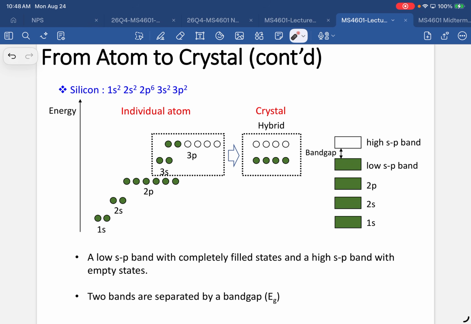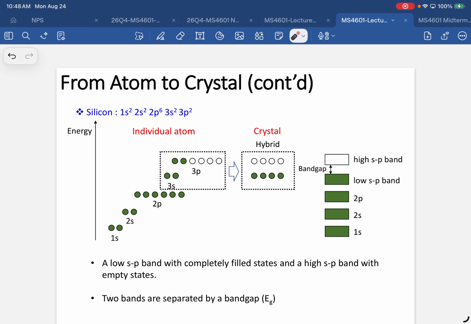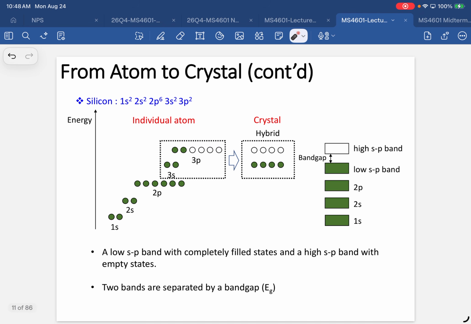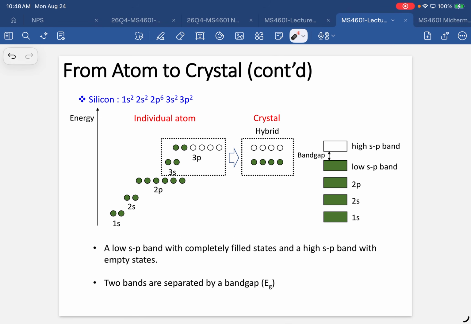But if we construct a crystal, because of this sp hybridization, we form a lower sp band and a higher sp band, right? And then we fill all those electrons in the lower sp band, because it has 4N states and the higher one has 4N states, since we had 4 per atom.